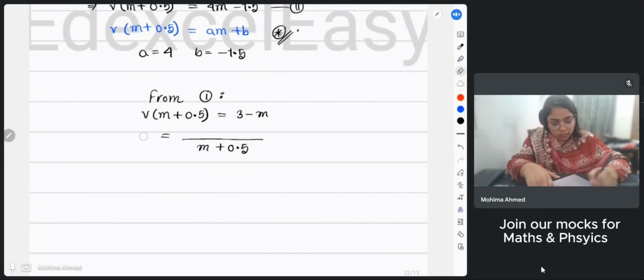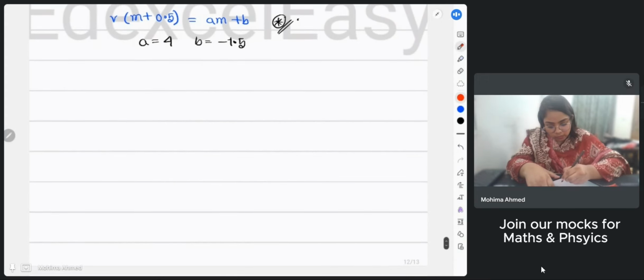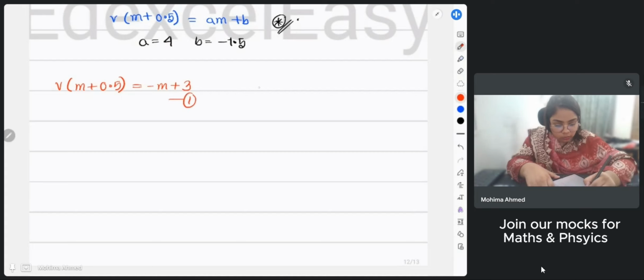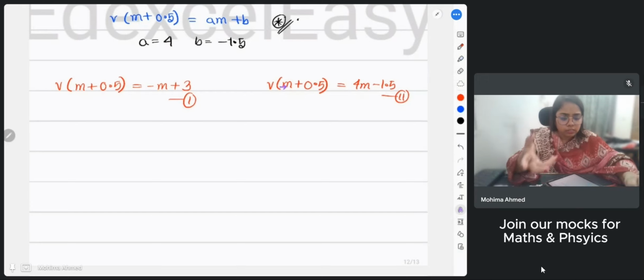If I'm just going to write the two equations separately, for example, v(m plus 0.5) equals minus m plus 3, this was your first equation, and the second equation we got was v(m plus 0.5) equals 4m minus 1.5. This is equation 2. We can clearly see that the first equation is also a value for v(m plus 0.5), and the second equation is also a value for v(m plus 0.5), right? So I can just substitute the two equations directly.